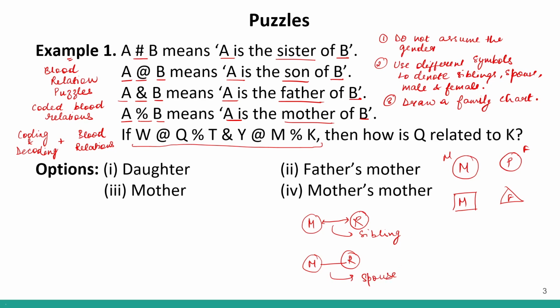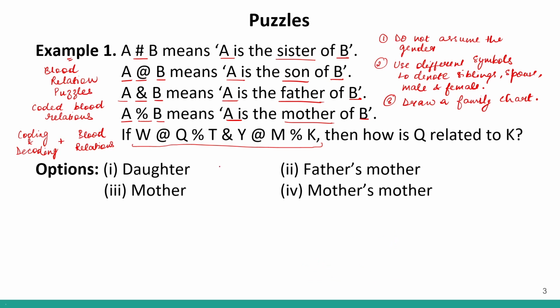Okay, so these are the notations that I use. You can make up your own also and solve questions. Now let us come to the question. So basically we have an expression that is coded. This is a blood relation expression that has been coded using these symbols. So we will decode them and make a diagram first.